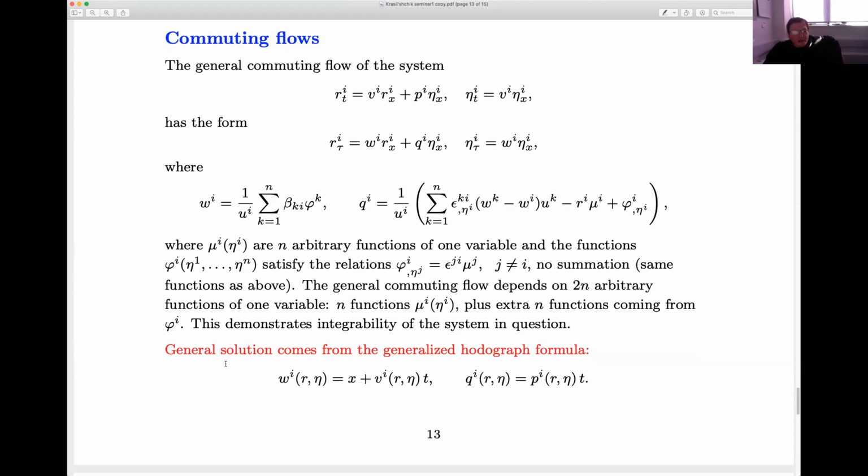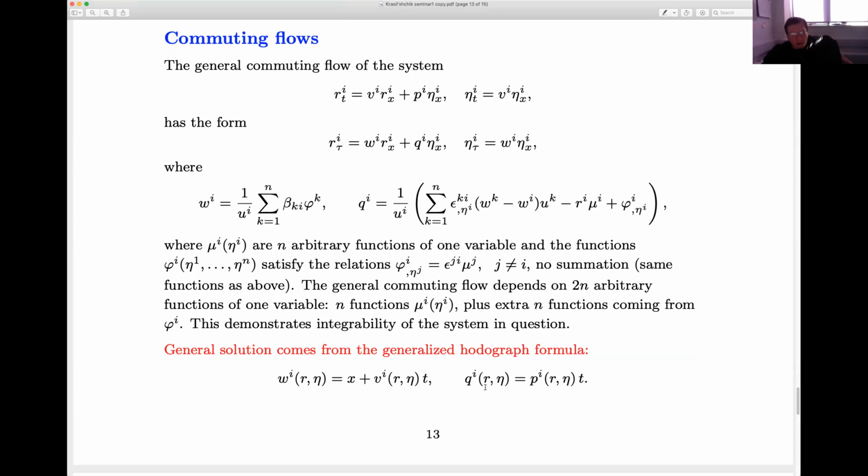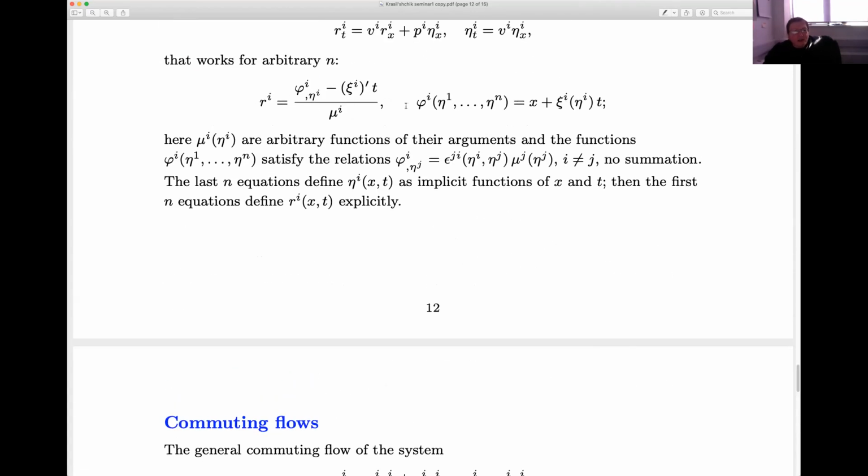This is Tsarev's generalized Hodograph formula. It's written here. w_i is x plus v_i t and q_i is p_i t. This is the Hodograph formula in the Jordan block case, right? So it turns out that if you take these expressions for w_i and q_i for commuting flows, if you take v_i's and p_i's from here and put everything into this formula and simplify, then you get precisely these equations.